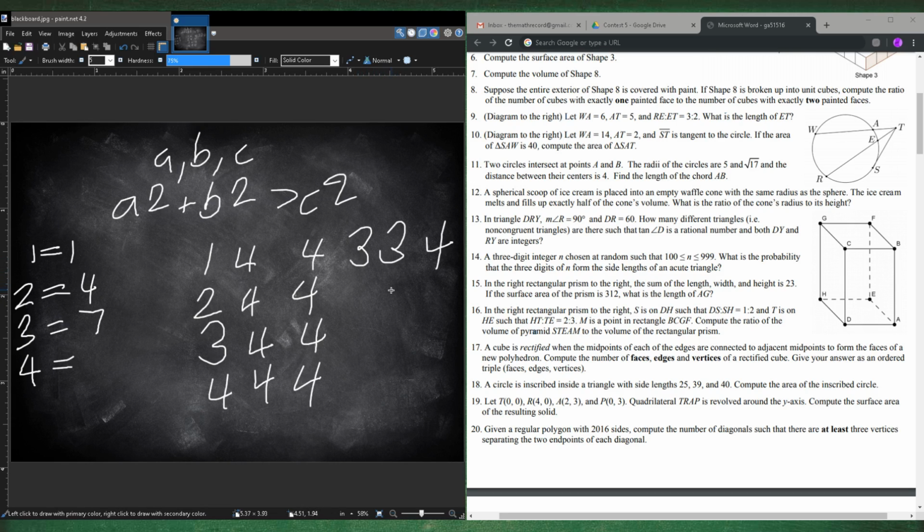Can it be a 2? 2 would be 4, that's 12, which doesn't work, because the next highest is 3, which is 9. So out of all the ways, this one has 4, this has 3, this has 3, this has 3, this has 1, and this has 3. So 3, 6, 9, 12, and 13. You have 13 for 4.